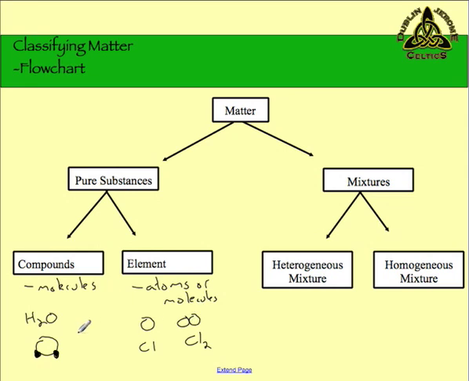They're both elements. This one's a compound. A heterogeneous mixture just means the particles are not evenly distributed. And a homogeneous mixture means the particles are evenly distributed.